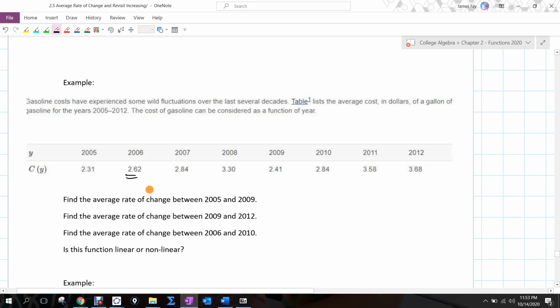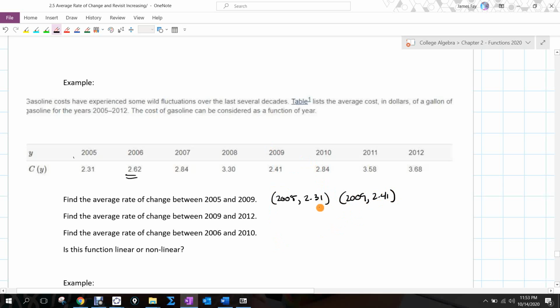So it says find the average rate of change between 2005 and 2009. Well, the easiest way I think to do this is: 2005 is my input, and my output is 2.31. 2009 is another input, and 2.41 is my output.